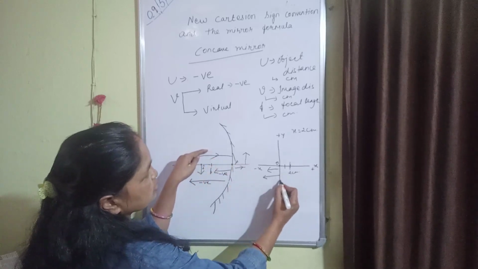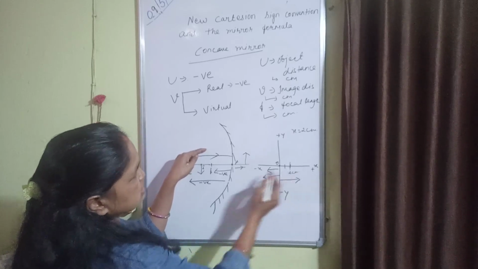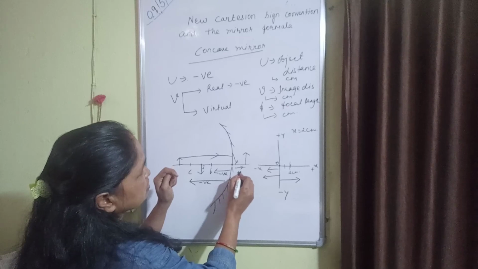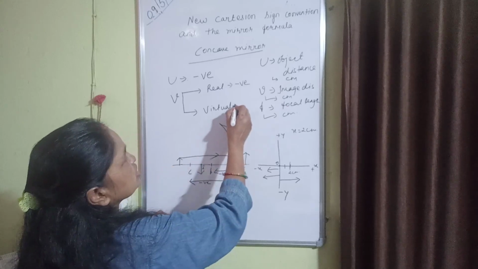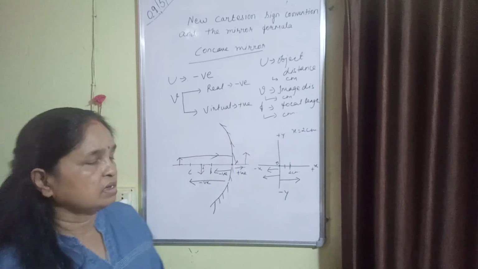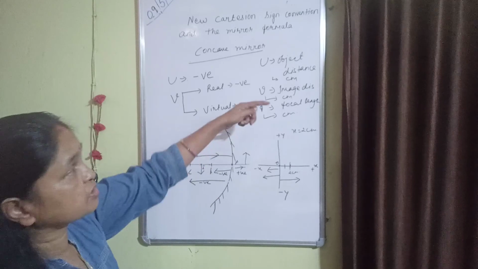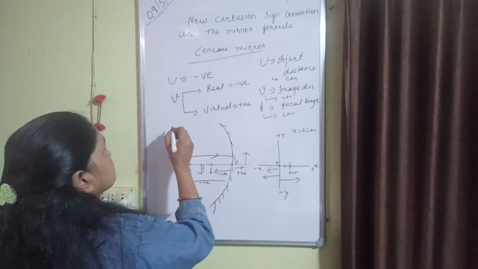If you go in the forward direction as the incident ray is going, it is the positive x-axis. So it is positive. So what we get: a virtual image is positive. Hope you have understood.